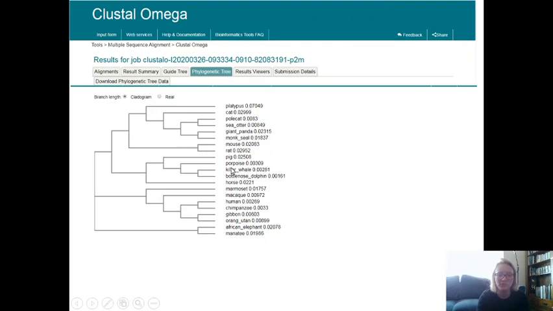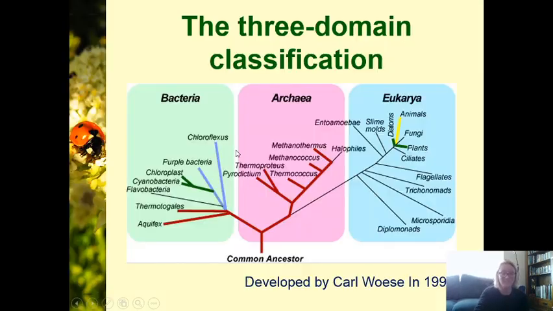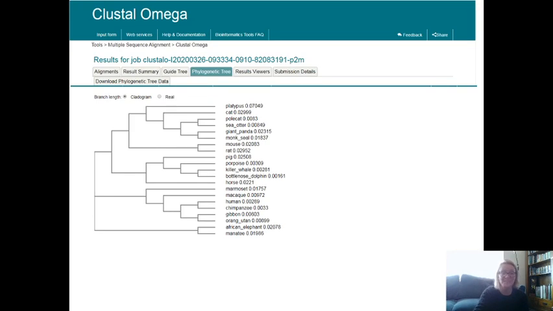We've got bottlenose dolphin, the killer whale, a porpoise and a pig. Those are fairly closely related, which is also quite interesting. Then we've got the sea otter and a polecat, a giant panda and a seal, fairly closely related. A rat and mouse, obviously no surprises there. So quite interesting things that we can do with this process of bioinformatics.